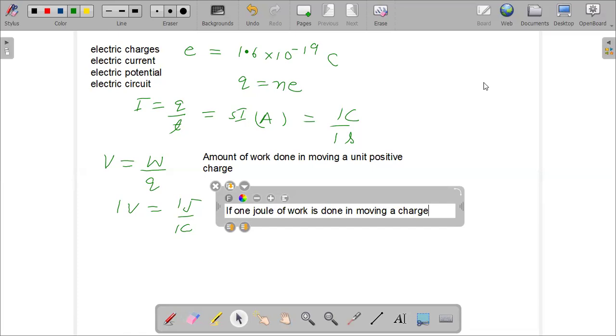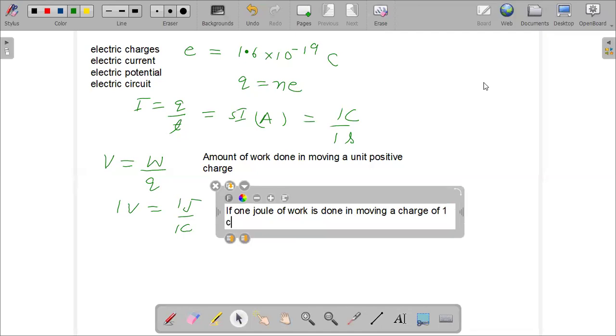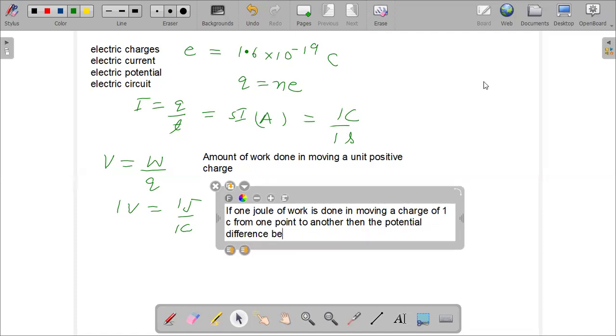If 1 joule of work is done in moving a charge of 1 coulomb from one point to another, then the potential difference between the points is 1 volt. So the potential difference between 2 points will be 1 volt if 1 joule of work is done in moving a charge of 1 coulomb from one point to another.